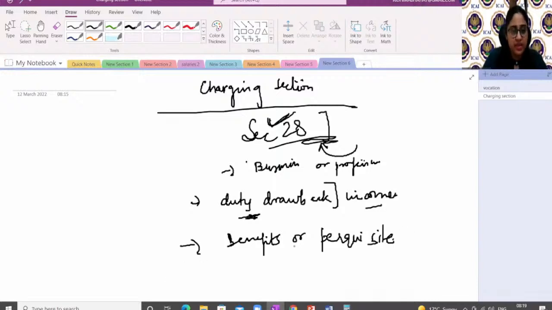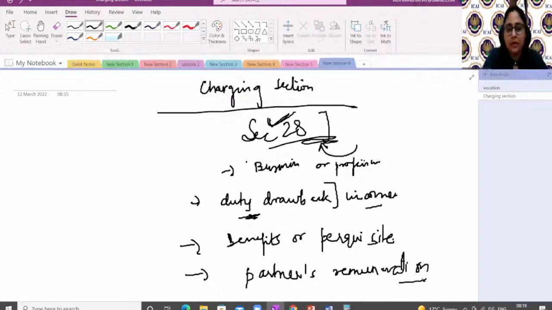Another thing which is very important for you to remember is the partner. Partner and partnership firm are two different tax entities for tax purposes. Partnership firm is different, partner is different, correct?